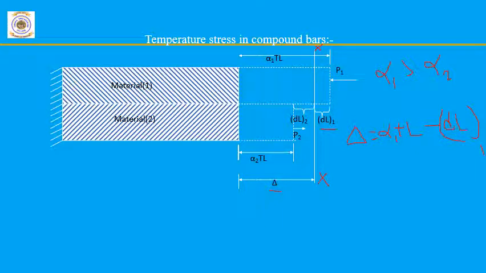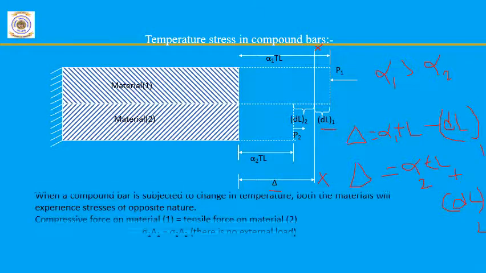So it is with respect to the first material. Next, the same delta value with respect to the second material. So this is the second material. We can write alpha 2 TL plus DL2.